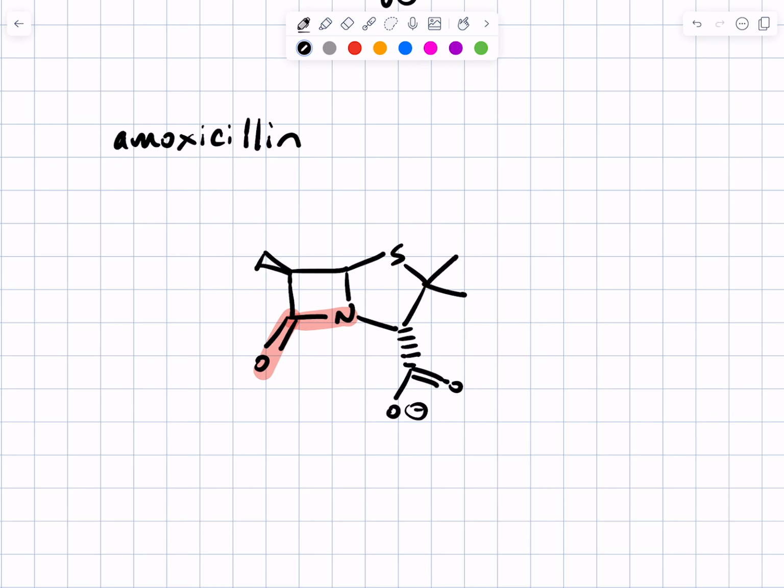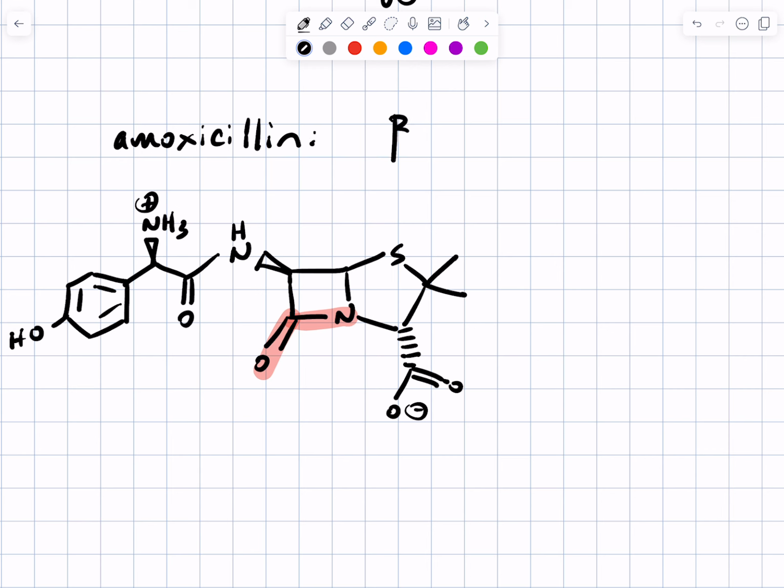Second, there's another side chain that branches off here. This can be a lot of things depending on what kind of penicillin it is. I'll draw for you what it is in the case of amoxicillin. You've got an ammonium group here, a benzene ring here, and an OH group there. That's amoxicillin. And amoxicillin is one of a class of antibiotics that are called beta-lactam antibiotics.